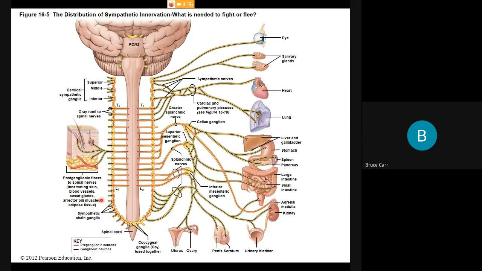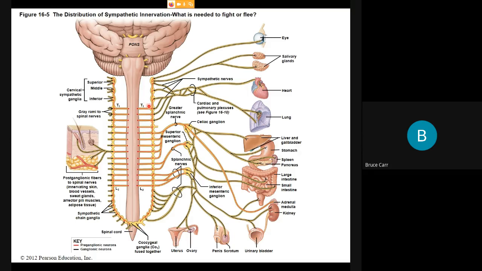Now, here's what it looks like. Though the departure points here, these elements in the autonomic nervous system are only connected T1 through L2. But you'll notice from a typical connection, like let's take this connection, you go out to a nearby chain ganglion. It's called a chain ganglion because each one of the connections has its own ganglion.